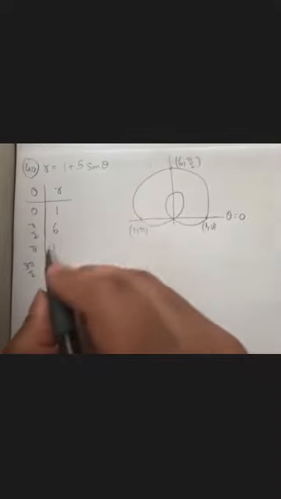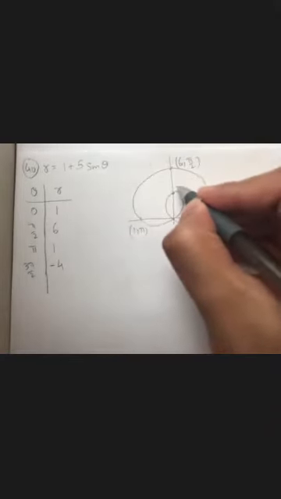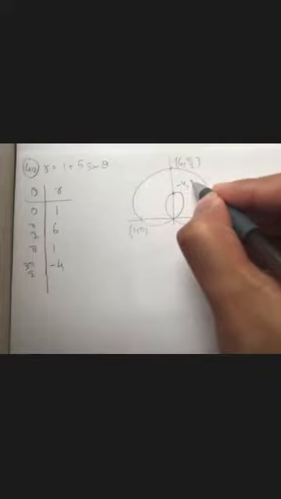Sine theta is negative 1, so you get negative 4. So this point is negative 4 comma 3 pi over 2. And similarly, you can go to 2 pi and it will be 1 again. That's like coming back to this point.